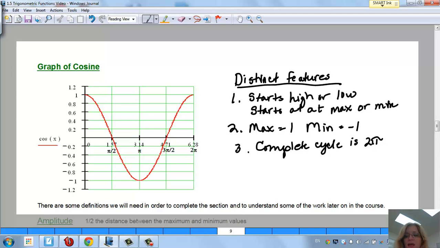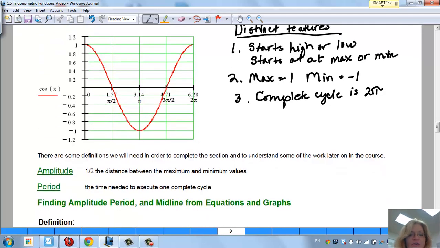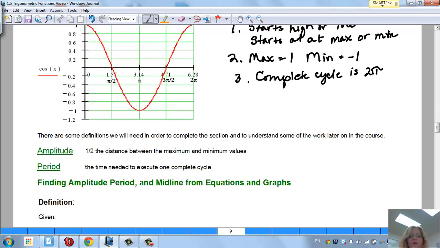Okay? Now there's some definitions that we need to know in order to understand the work later on in the course. Amplitude is half the distance between the max and the min values. So basically here it's always positive. That's one thing I want you to remember. It's always positive.